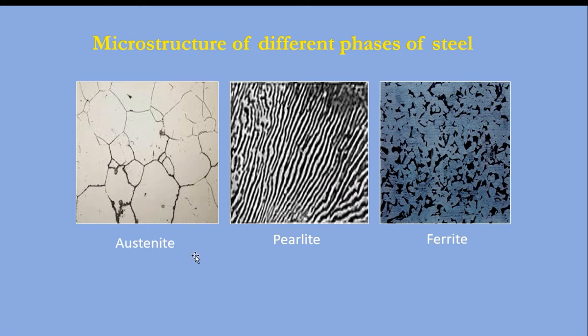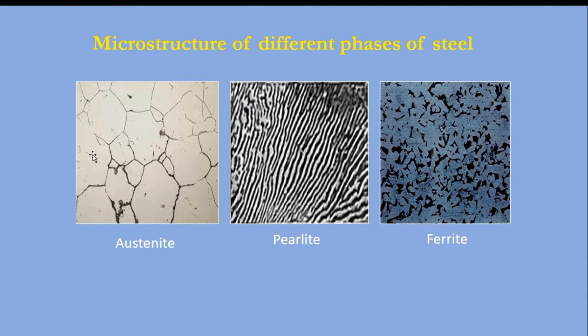So these are the microstructure changes, microstructure identification through microscopes, right. Austenite you can see, right, the face, and again pearlite, how it changed, right, but it is the same pure iron.